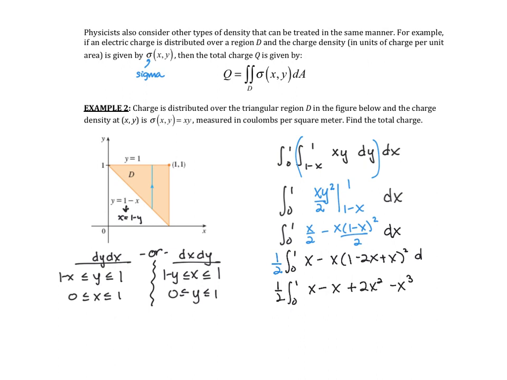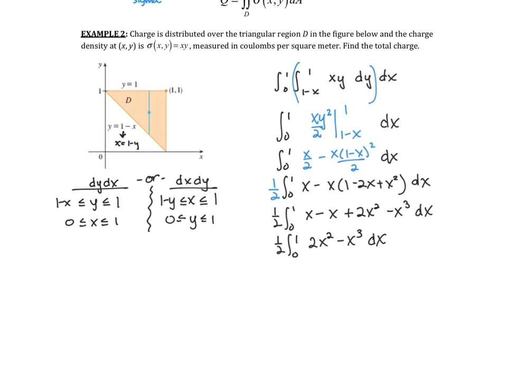This should be x squared and then parentheses. Okay, so minus x cubed dx. So combining like terms, we get 1/2 the integral of 0 to 1 of 2x squared minus x cubed dx.